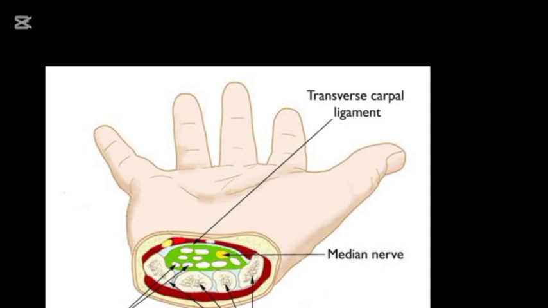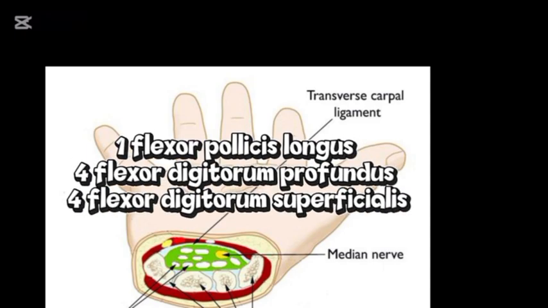The tendons are 1 flexor pollicis longus, 4 flexor digitorum profundus, and 4 flexor digitorum superficialis. The 8 tendons of the flexor digitorum profundus and the flexor digitorum superficialis are surrounded by a single synovial sheath, while the tendon of the flexor pollicis longus is surrounded by its own synovial sheath. The sheath allows for free movement of the tendons.